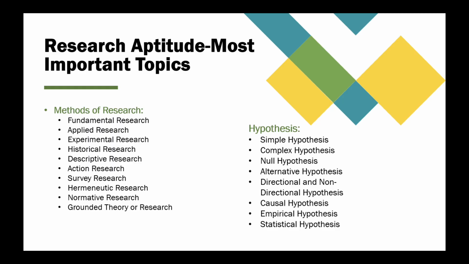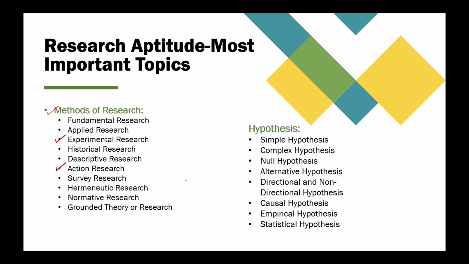The next important topic is methods of research. In methods of research there are many types. The most important types are experimental research and action research, and these two are very important.